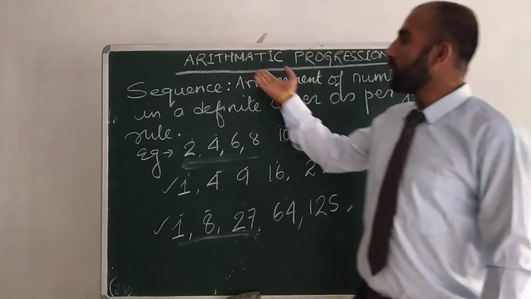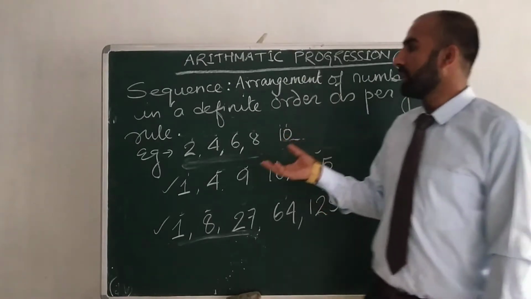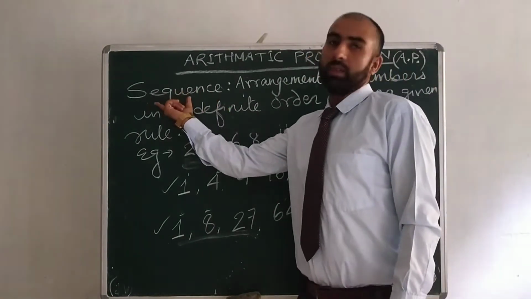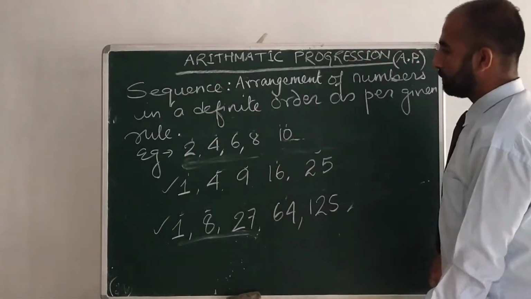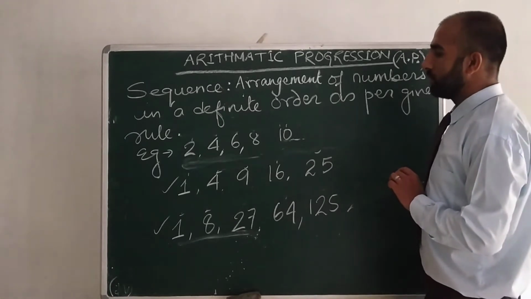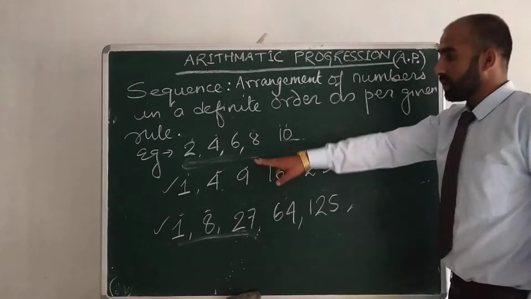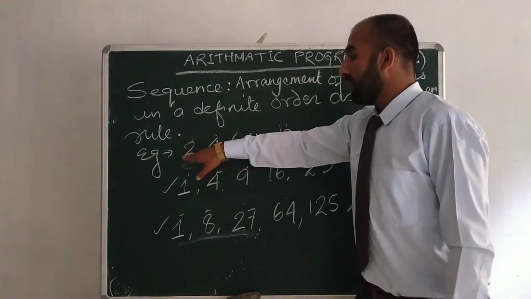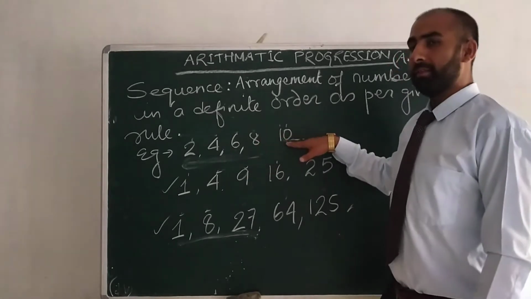Okay, so before we go to the arithmetic progression, let us learn a few terms. First one, sequence. What is a sequence? Before I go to the definition, let me tell you this example. I have written some numbers here: 2, 4, 6, 8, 10.